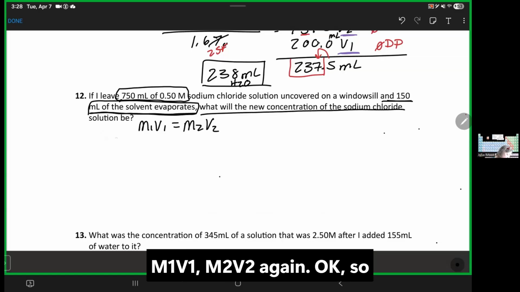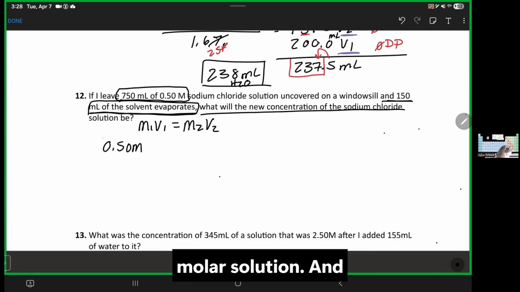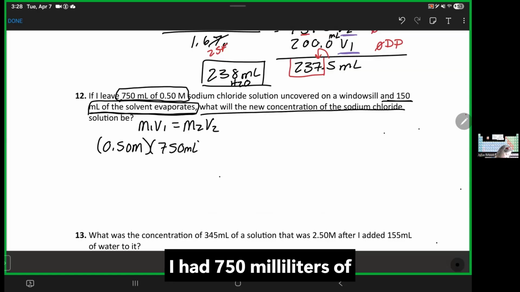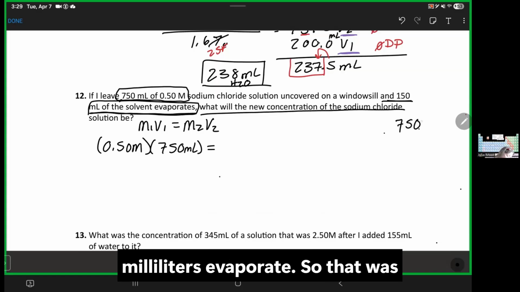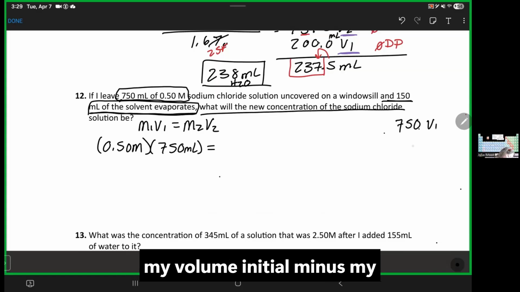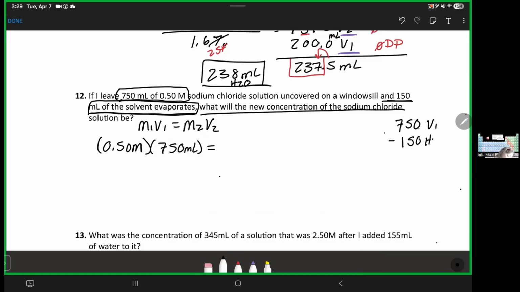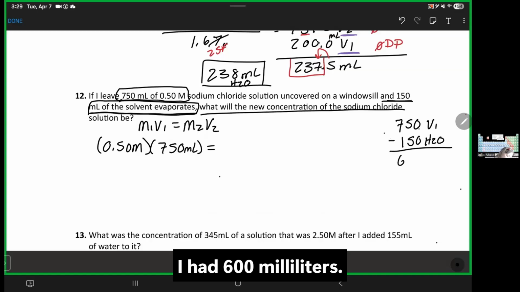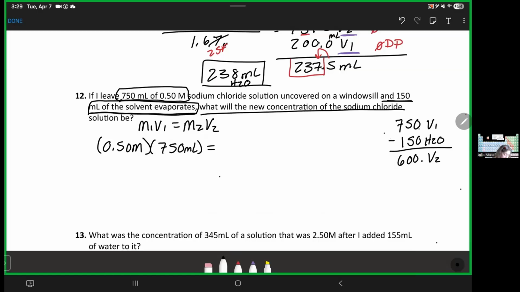I had a 0.50 molar solution, and I had 750 milliliters of it. If I let 150 milliliters evaporate, that was my initial volume minus my 150 milliliters of water, I had 600 milliliters left over. That's the volume after evaporation occurred.